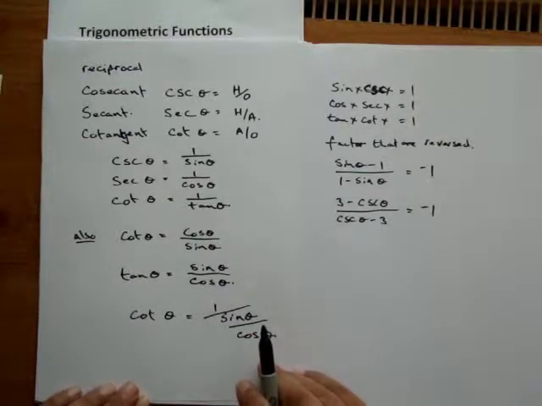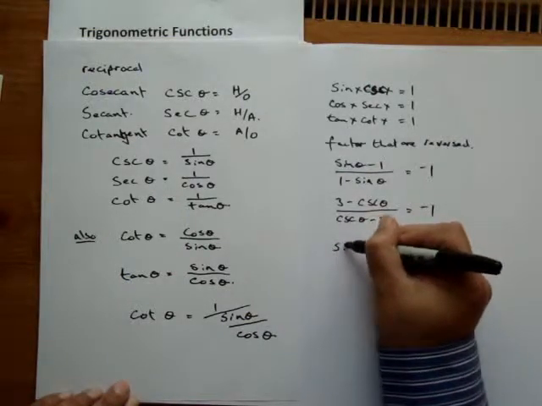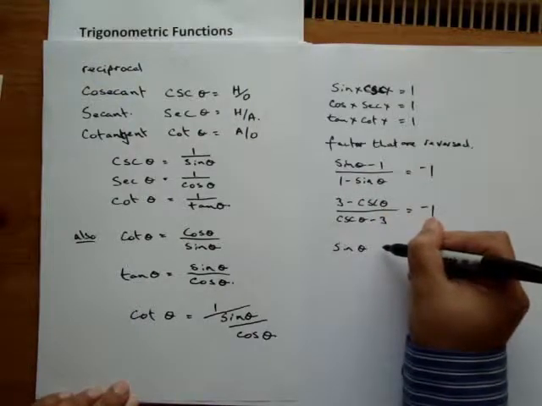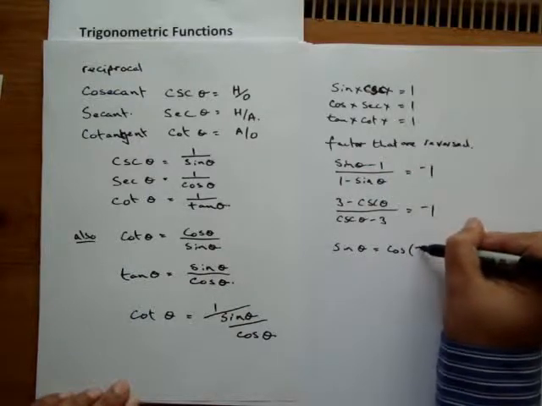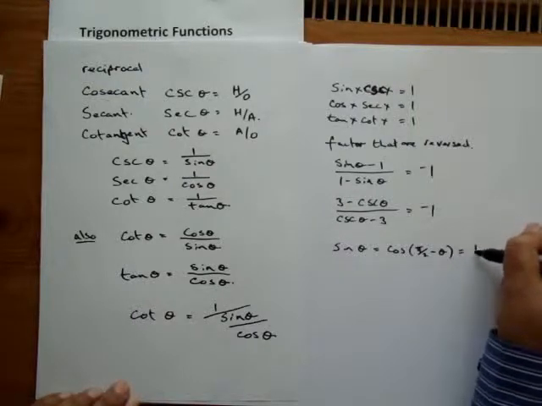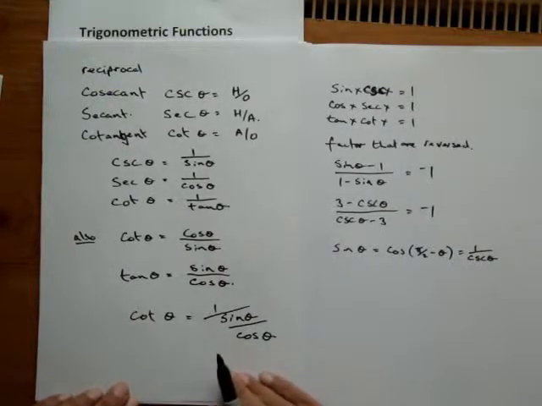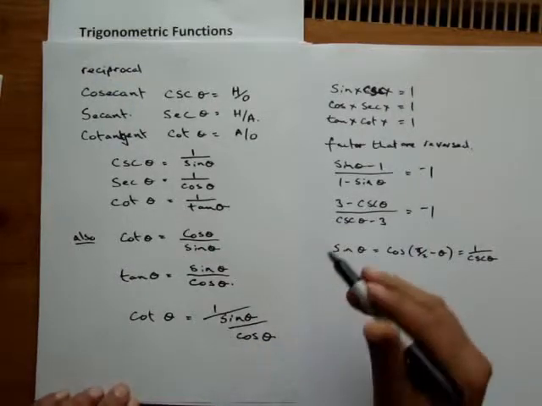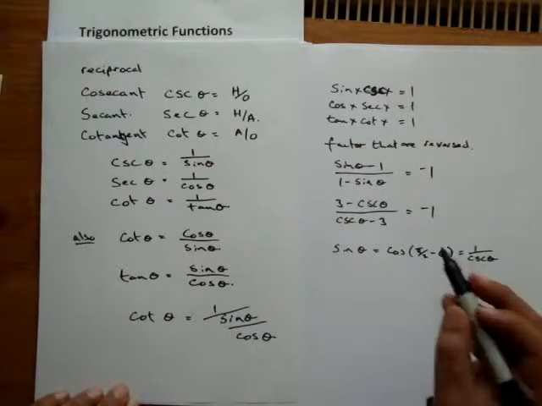And then last but not least, we have sine theta equals cos, if it's in radians, pi over 2 minus theta, equals 1 over cosec theta. This can be regarded also as 90 minus theta.